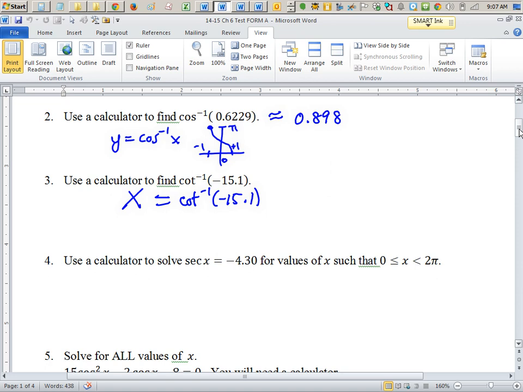Which x equals is the mathematical way to write what is. Okay? So you just wrote that, and now you can just cotan both sides. So that converts to this. See? Which then can be flipped over to read tan x equals negative 1 over 15.1.